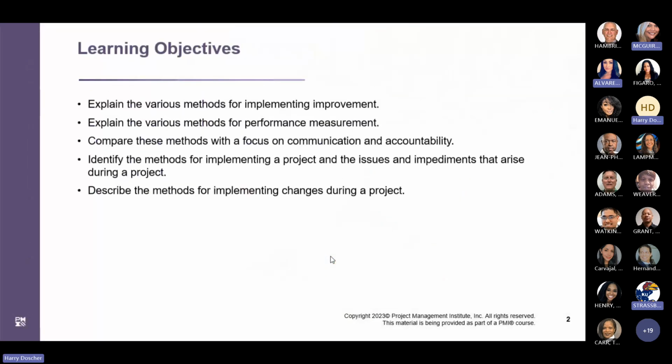So the learning objectives for the overall lesson: to be able to explain the various methods for implementing improvement, explain the various methods for performance measurement, compare those methods with the focus on communication and accountability, identify the methods for improving a project, the issues and impediments that arise during a project, and describe the methods for implementing changes during a project.